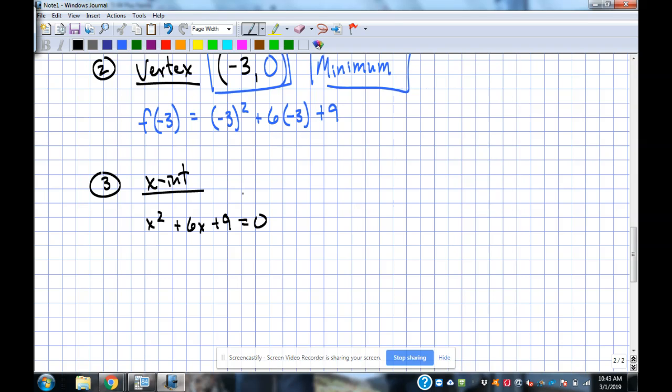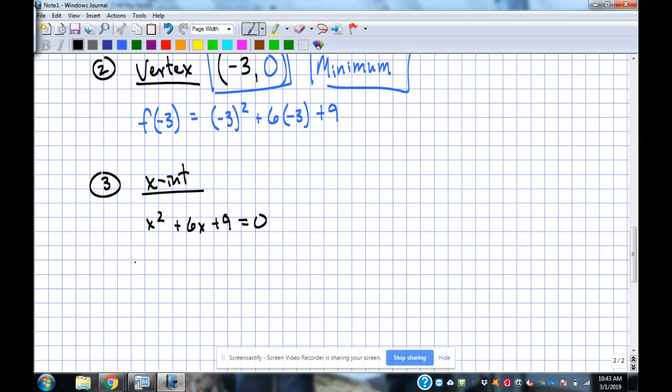Options for solving that: factoring would be an option because it's a trinomial, so we could try the X method for factoring. Is square roots an option for this one? Why not? Because it's got the plain X in it. If it's got this plain X in it, we can't do square roots. So we can either factor it or use the quadratic formula. I'll do it both ways just to show you get the same answers no matter which way you do it.